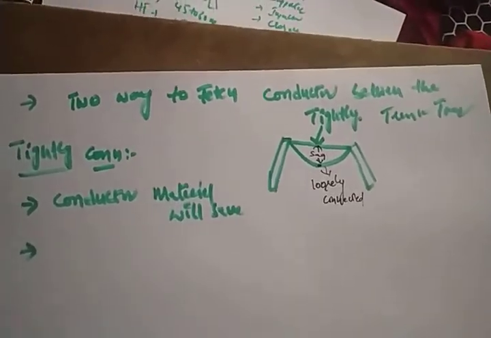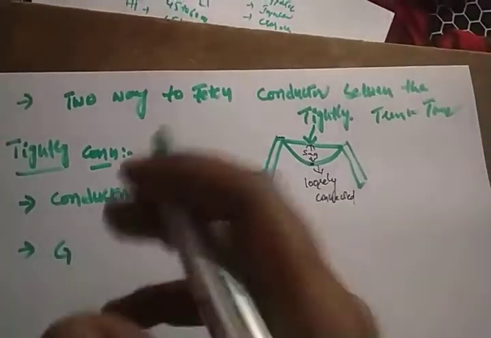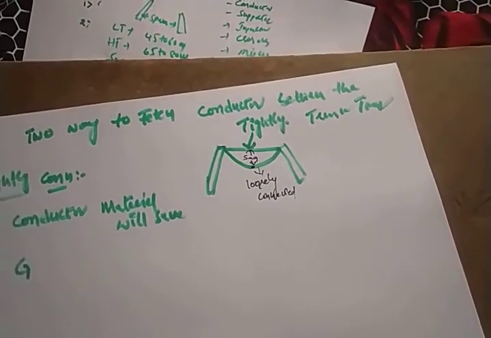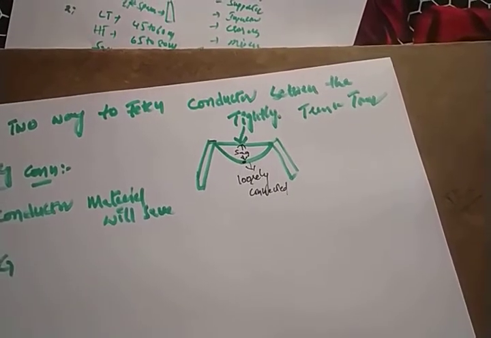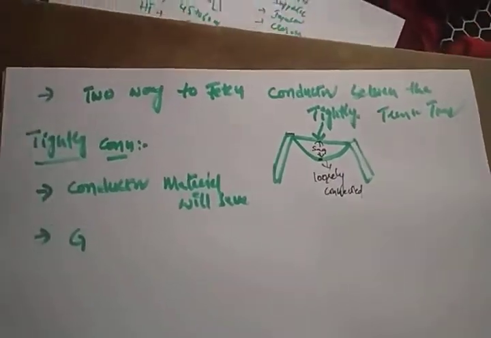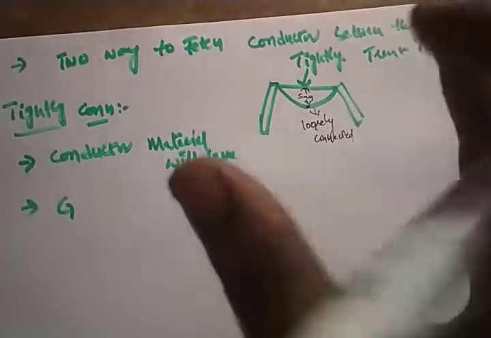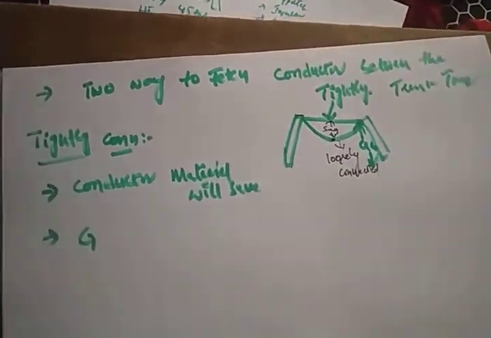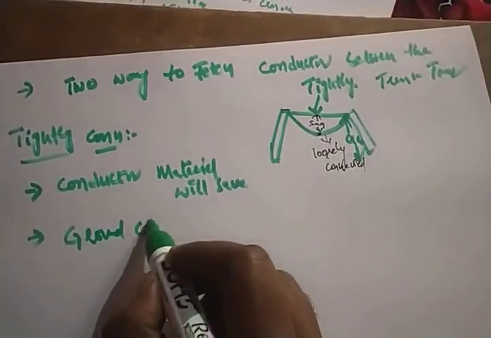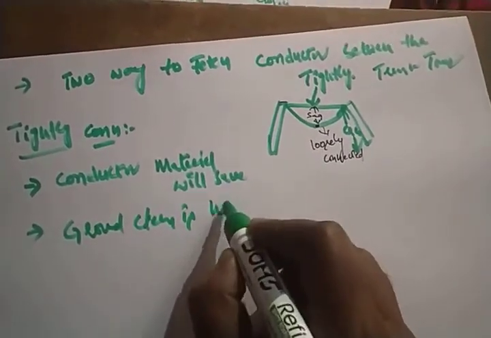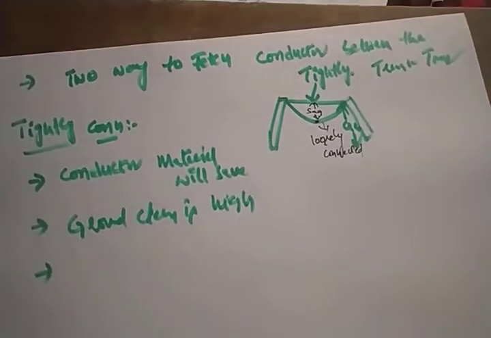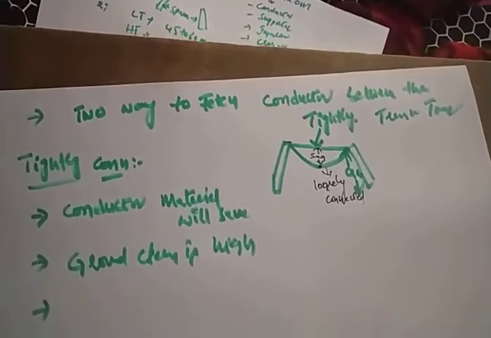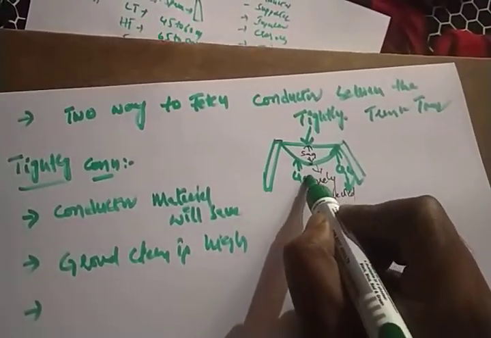After that, maximum ground clearance. In order to maintain the ground clearance, you require towers of some height. With a tight connection, the ground clearance is very high, almost all high when compared to the loosely connected one.